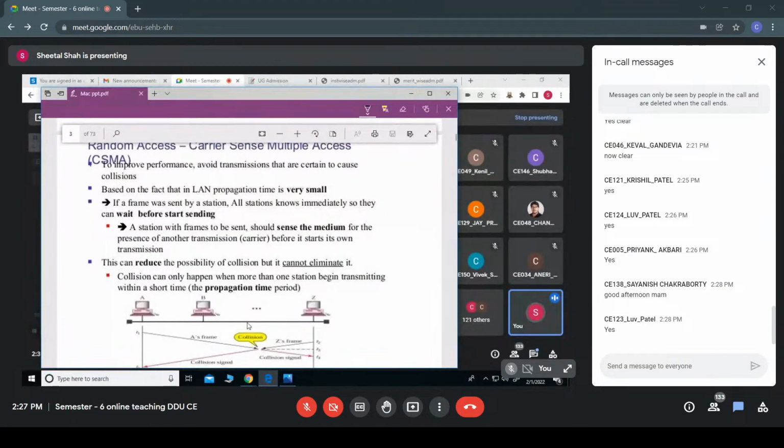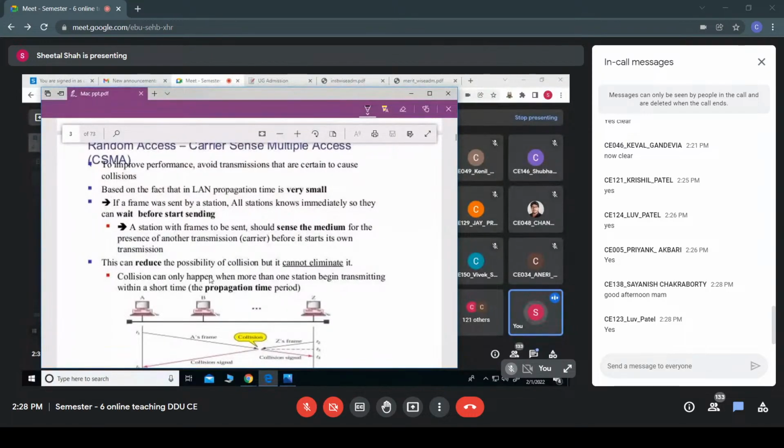By doing so, the collision would be more in Aloha and slotted Aloha. Whereas in carrier sense multiple access, before the data transmission is carried out, first the channel is sensed, or listened to. And only if the channel is free or idle, the frame would be transmitted through the channel.